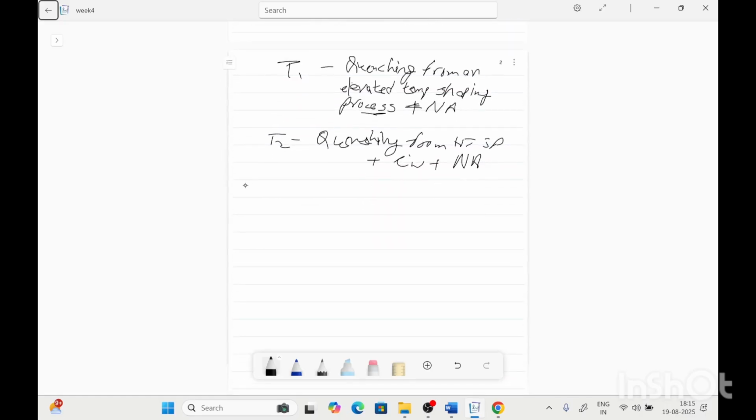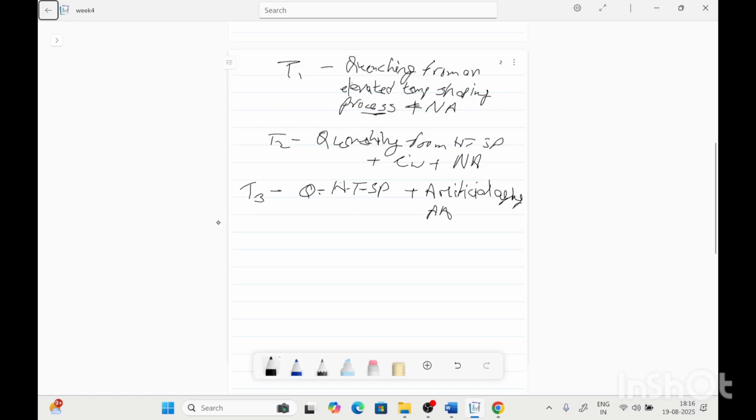Then T3 represents quenching from a high temperature shaping process plus artificial aging, which can also be written as AA.